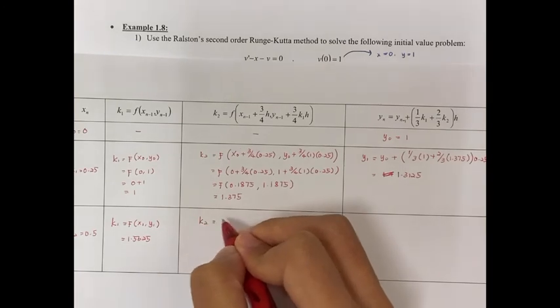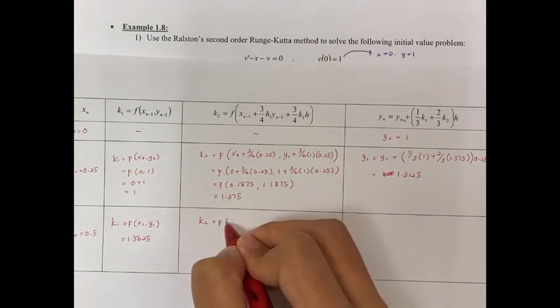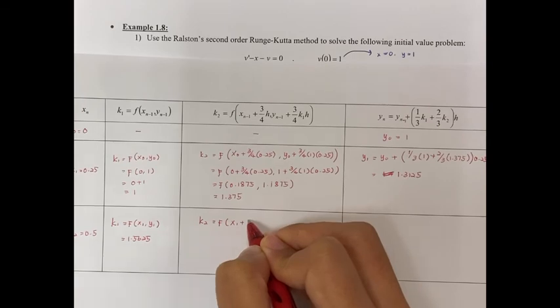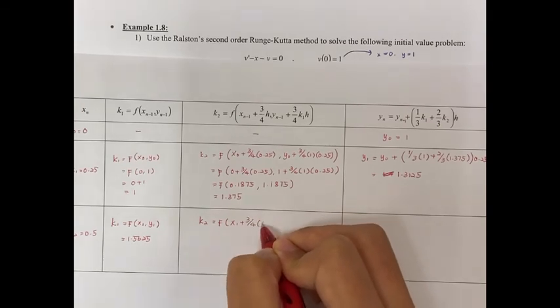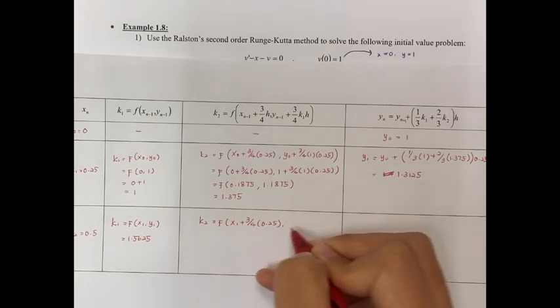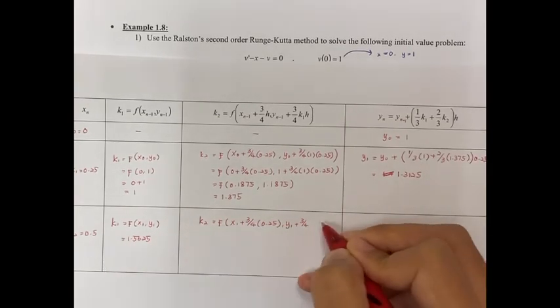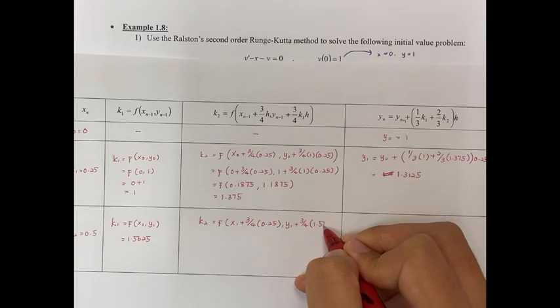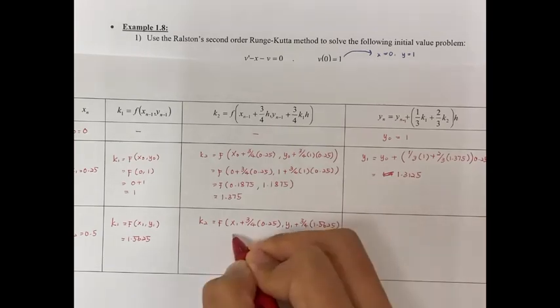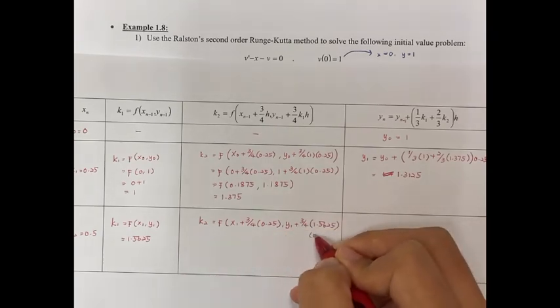In k2, you have f(x1 plus 3 over 4 times 0.25, y1 plus 3 over 4 times k1, 1.5625, multiplied by your h, 0.25).